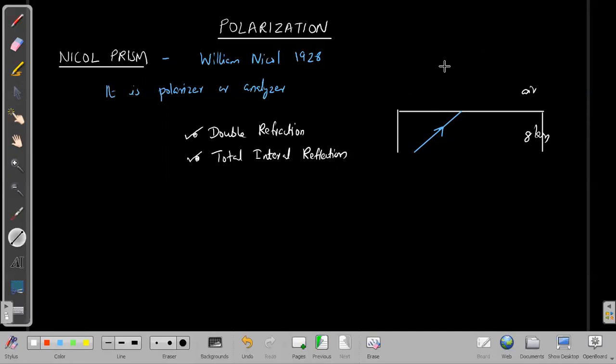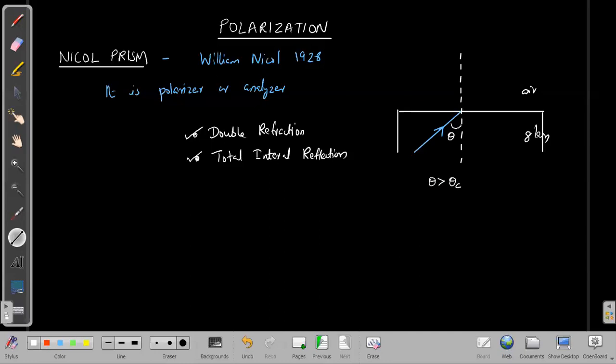Then here we can define angle of incidence. The angle of incidence, the angle between the incident light and the normal. So angle of incidence I denote by symbol theta. Now if this theta is greater than the critical angle, then what would happen is there would not be any refracted light.